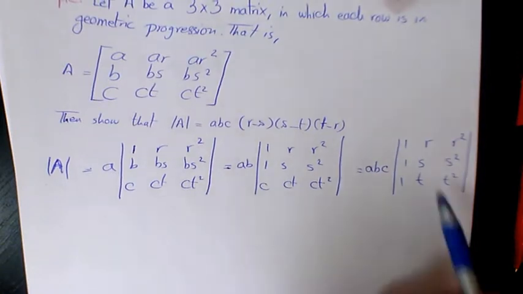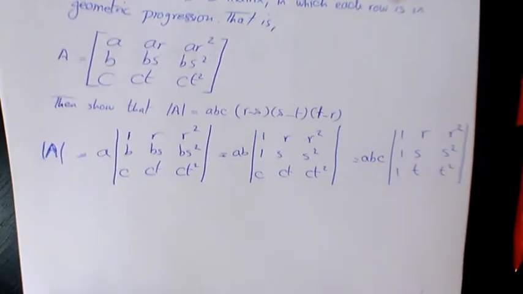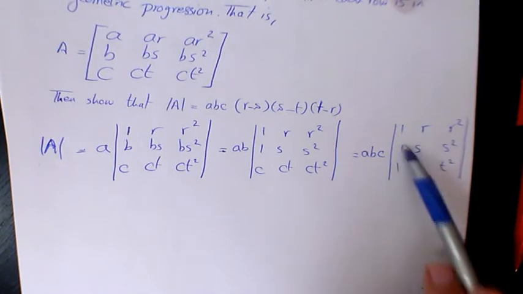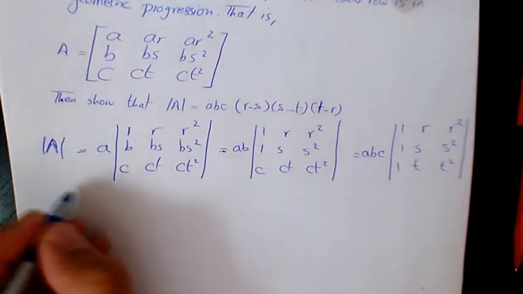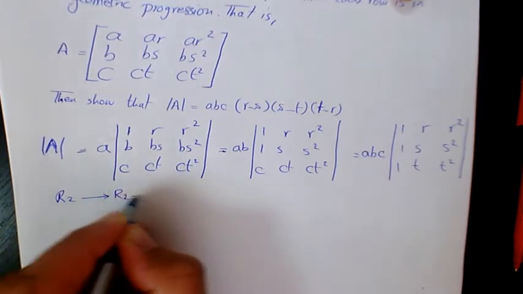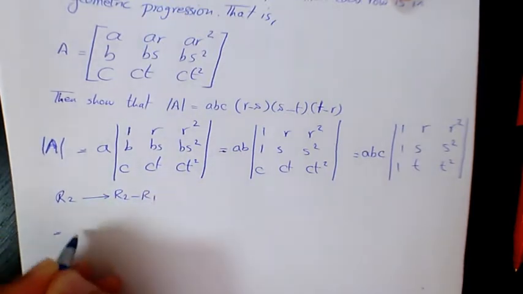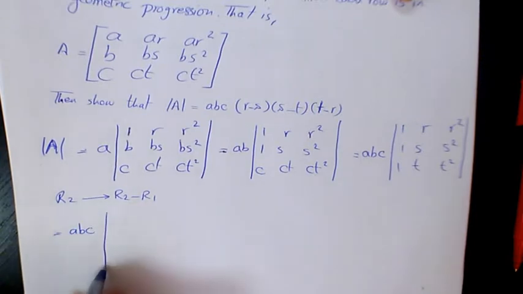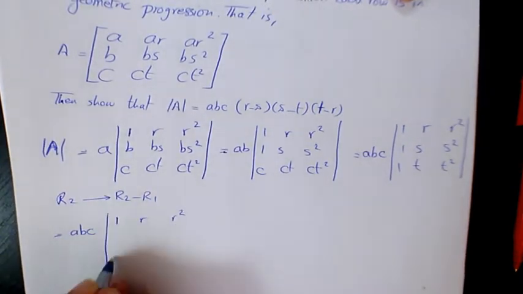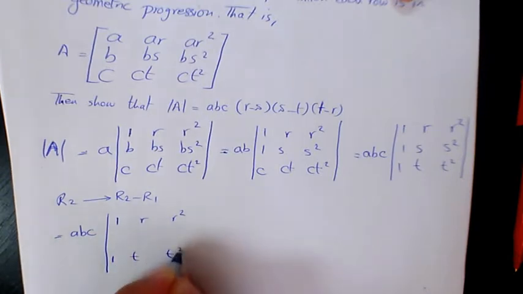And after that, we can start finding the determinant of this part. But before that, let's make these two elements 0. So I'm going to change R2 to R2 minus R1. So it's going to be ABC. R1 remains the same. R3 remains the same.